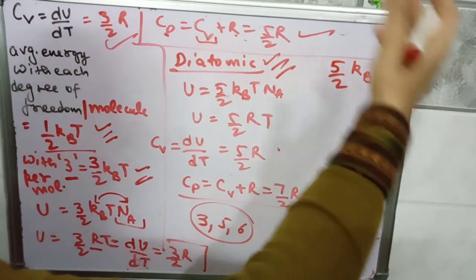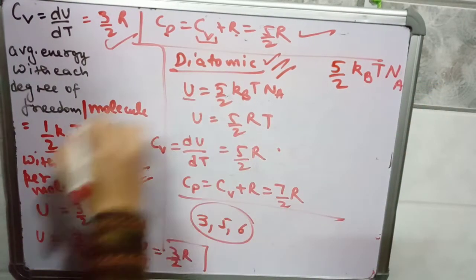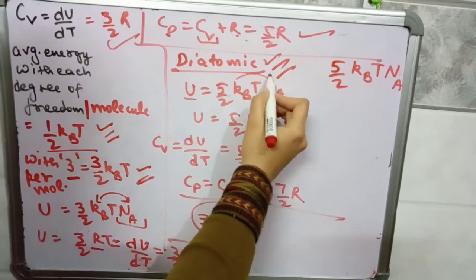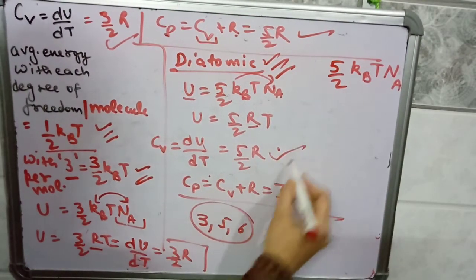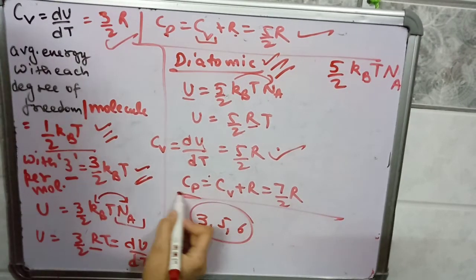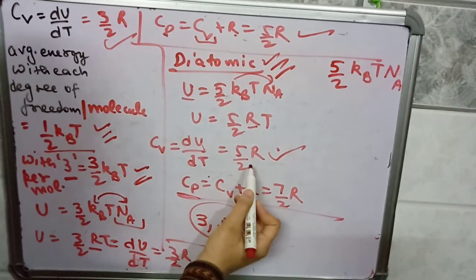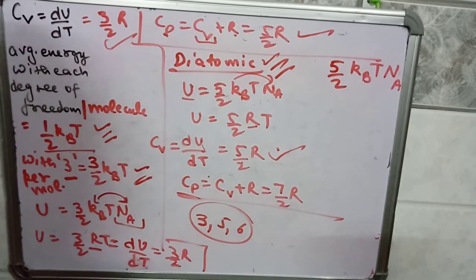So for 1 mole of gas, total energy will be 5 by 2 kBT Na. So put kB into Na equal to R, and then differentiate it, dU by dT. What will you get? 5 by 2 R, and then you can calculate the Cp. Put the value of Cv here. So 5 by 2 R plus R will be 7 by 2 R.